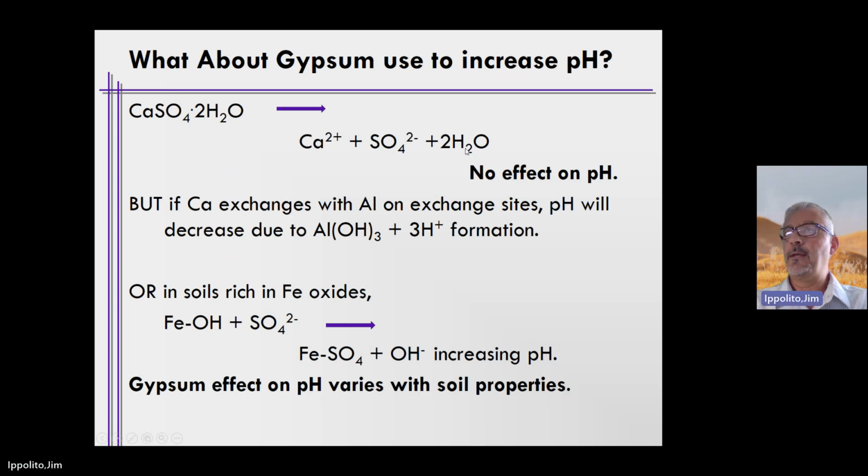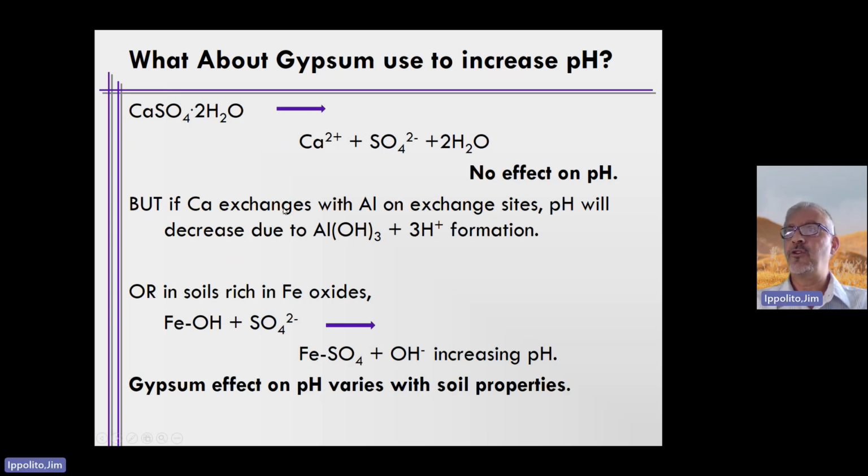Nothing. There is no carbonate to react with any free hydrogen ions that are kicked off the site. And in fact, if hydrogen ions are kicked off the exchange sites and react with SO4, it forms sulfuric acid. So there are two examples here I want to share with you.